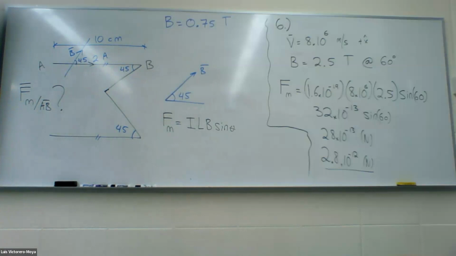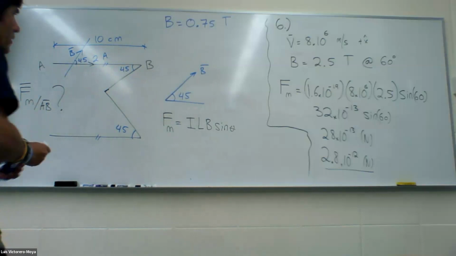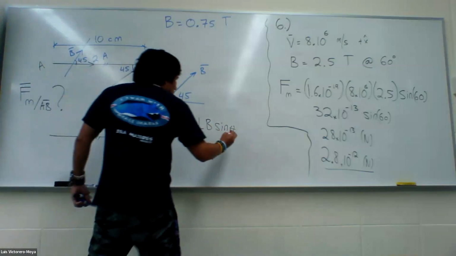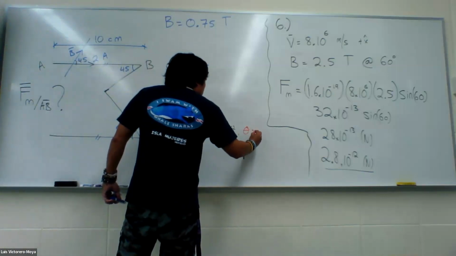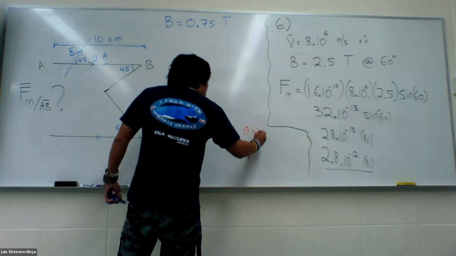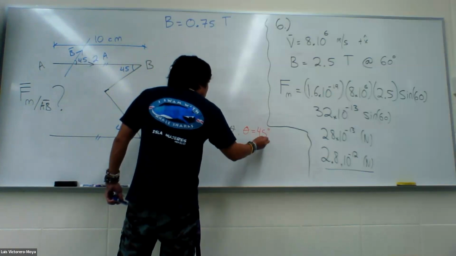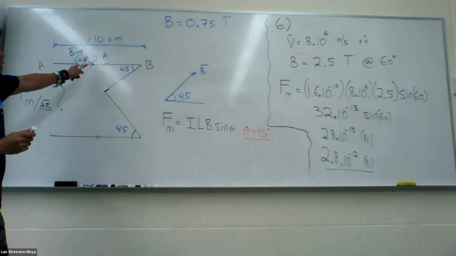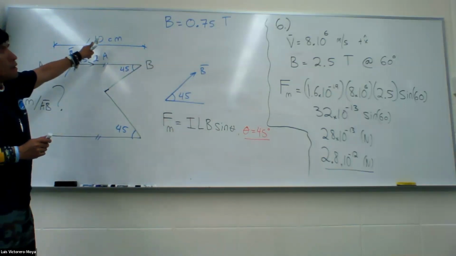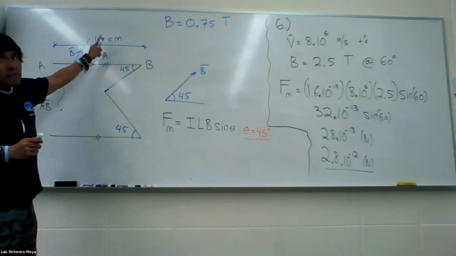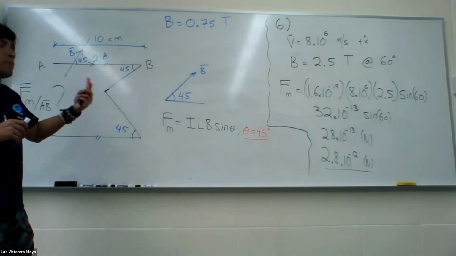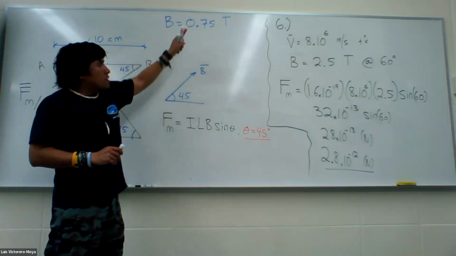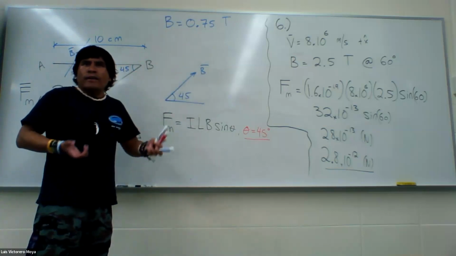Because that's what happens, then we know that the angle theta is 45 degrees. The value of the current is 2. The length is 10 centimeters, in meters, 0.1 meter, and B is 0.75. So we have all the values to find the magnitude.